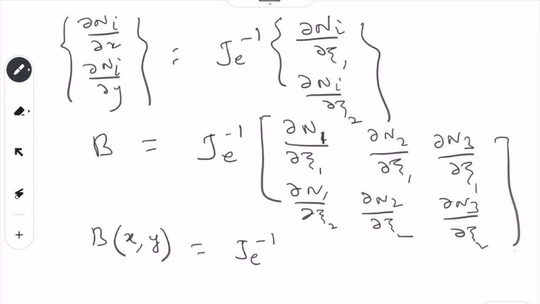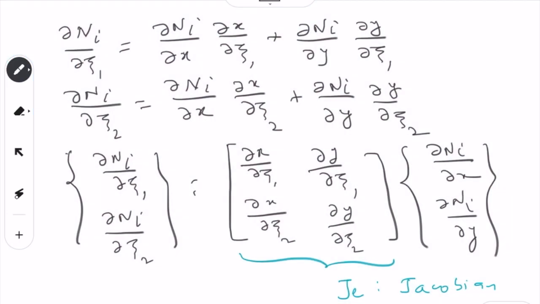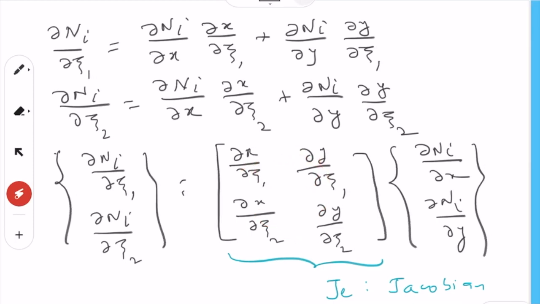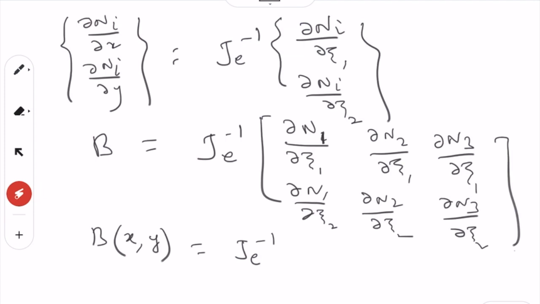Yeah, because n is in terms of zeta. So, x is in terms of xi 1, xi 2 and x1, x2, x3 and so on, as we have done for the 4 noded isoparametric elements. So, a similar kind of thing we get here.